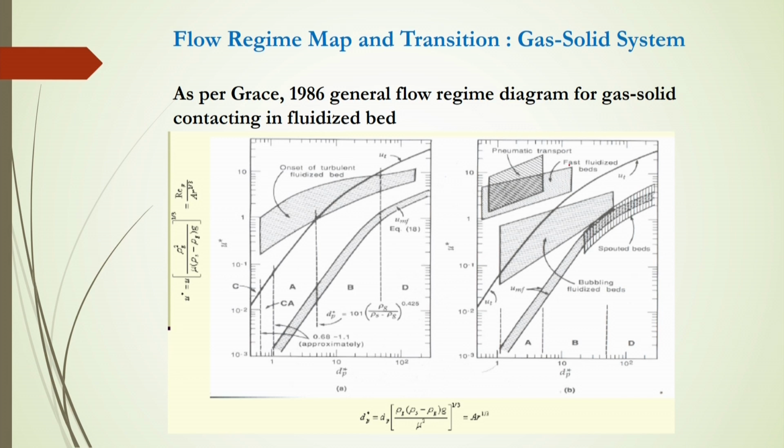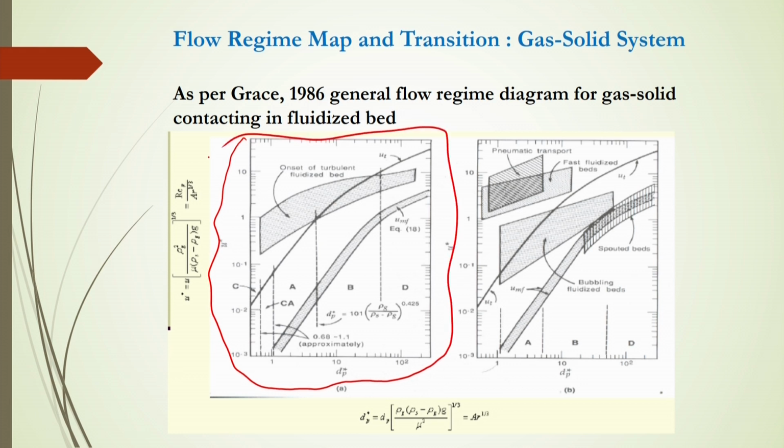In this flow regime map, very important, you will see the x axis is dp star. What is dp star? It is the non-dimensional particle diameter, which has been suggested in this way: dp into [rho g into (rho s minus rho g) by mu squared into g] to the power 1 by 3, or you can say dp star is equal to the Archimedes number to the power 1 by 3.